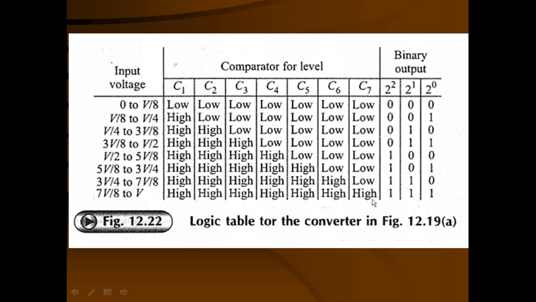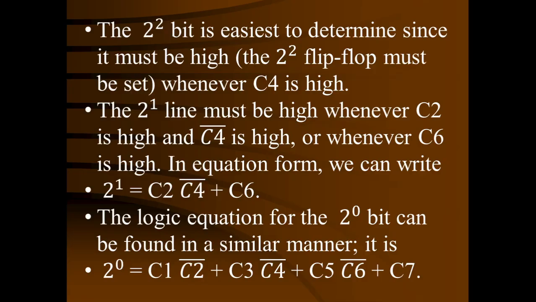Or when C7 is high, then also the 2 raised to 0 flip-flop has to be set. So corresponding to that, you get this equation for the 2 raised to 0 bit: C1 C2 bar plus C3 C4 bar plus C5 C6 bar plus C7.